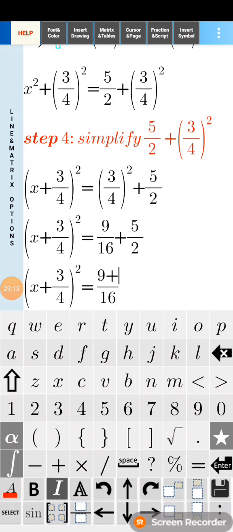Now 8 multiplied by 5 will give me 40. So this will be equal to 49 over 16.